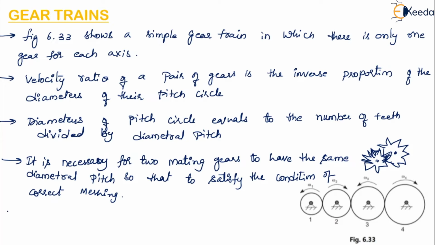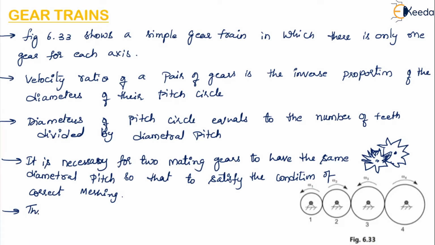So if the diametral pitch of two mating gears is the same, we can infer that the velocity ratio of the pair of gears is inversely proportional to their number of teeth.